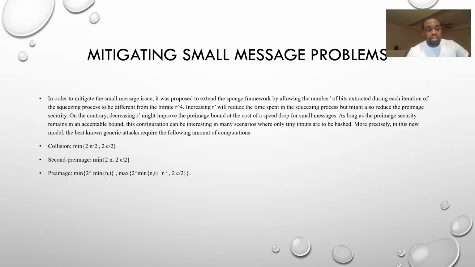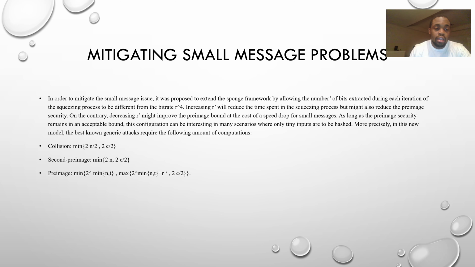As long as the pre-image security remains an acceptable bound, which it does, this configuration can be interesting in many scenarios where only tiny inputs are to be hashed. More precisely, in this new model, the best known generic attack requires the same computation as the one previously mentioned two slides ago.